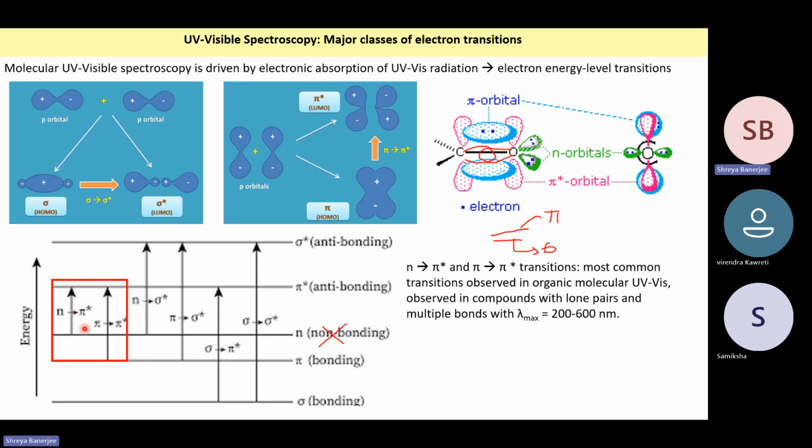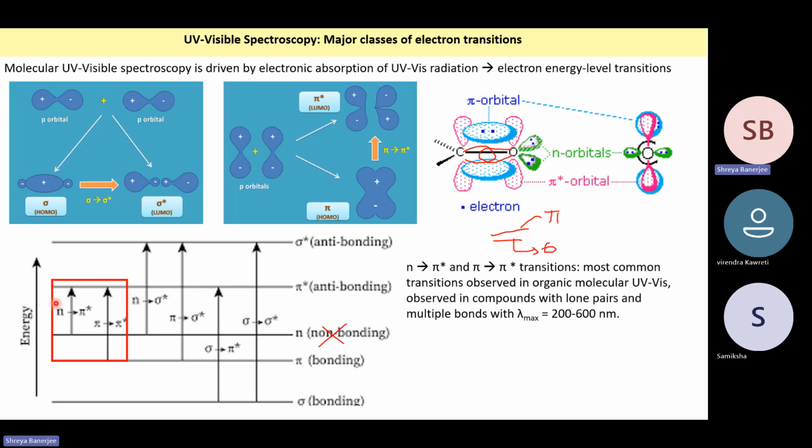You can see these two energy differences are the minimum. There is something called probability of transition. As delta E increases, the energy difference between two states increases, and the probability of transition becomes very low. So these other transitions are also possible, but they have very low probability, so the intensity is low.